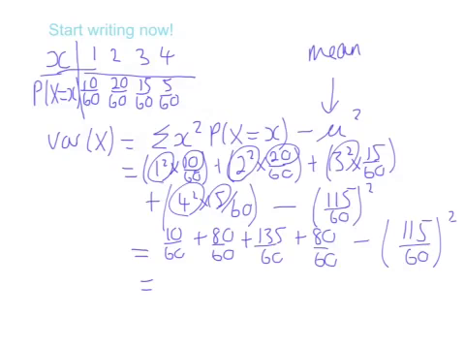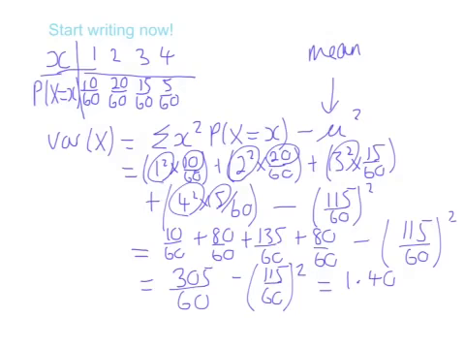Okay, I think it's coming to 305 over 60 minus my mean squared, and the whole thing is then coming to 1.4097222, and 1.41 to 3 sig figs.